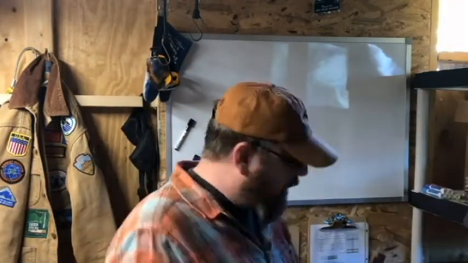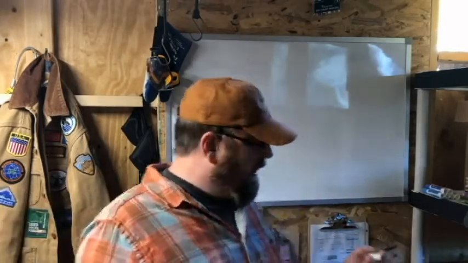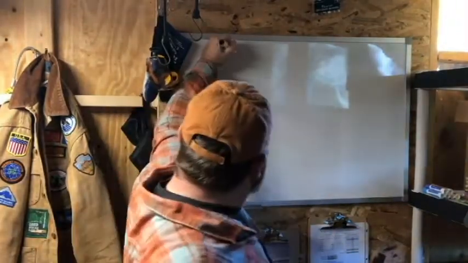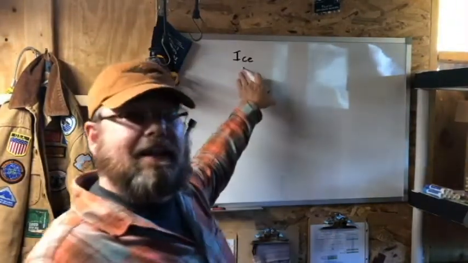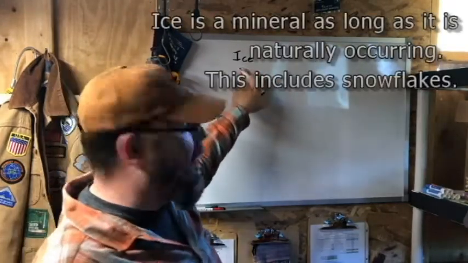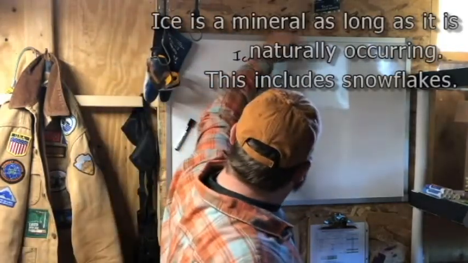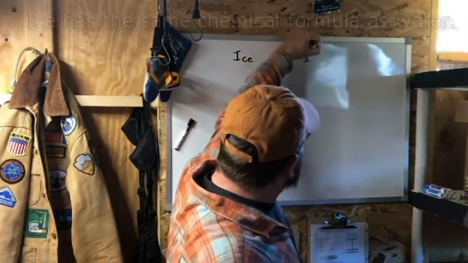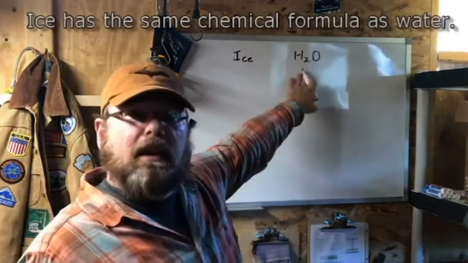So what are some everyday compounds? As it pertains to earth science and geology, there's many. Most are minerals, some are not. Ice, believe it or not, is not only a compound, but it is an actual mineral, water ice. And its chemical formula, we will get to these in a later episode, is that.